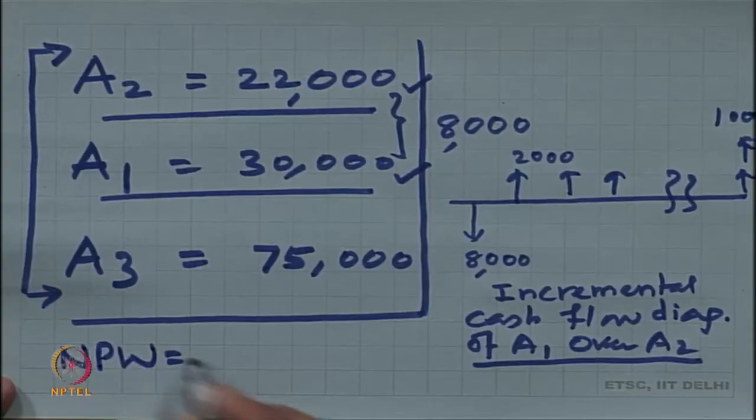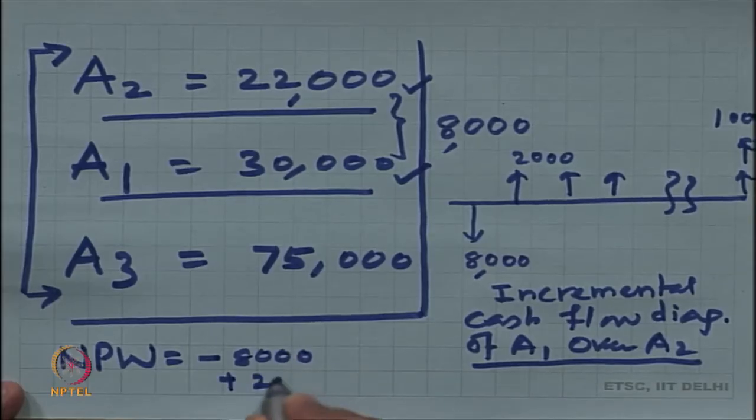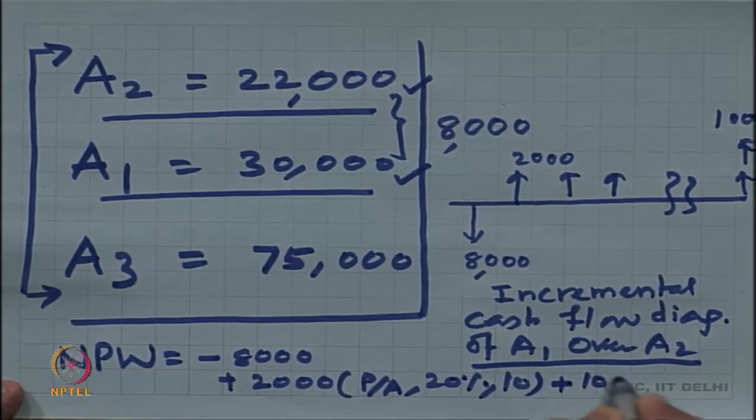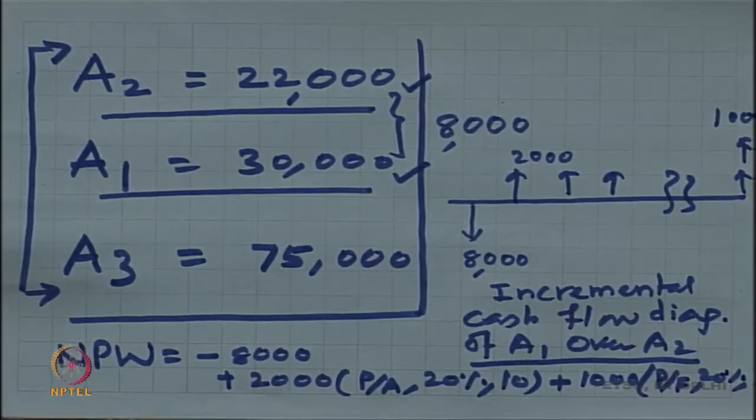So, this is how we represent the cash flow diagram, and now we calculate the NPW for this cash flow diagram, which will be given as minus 8,000 plus 2,000 (P given A, 20%, 10) plus 1,000 (P given F, 20%, 10). I have already done this calculation for you.